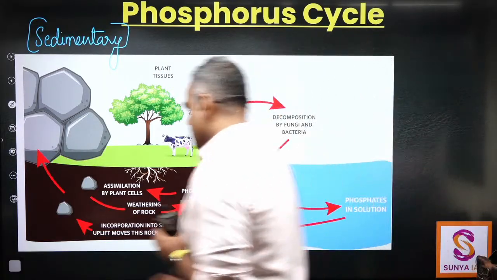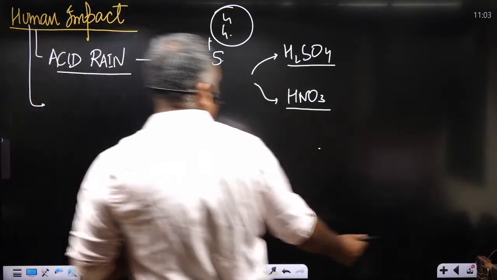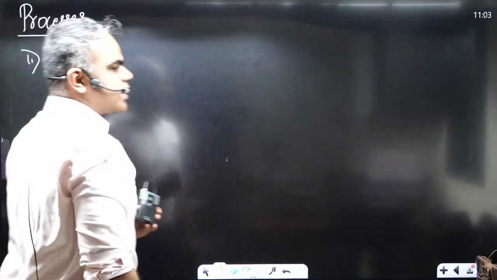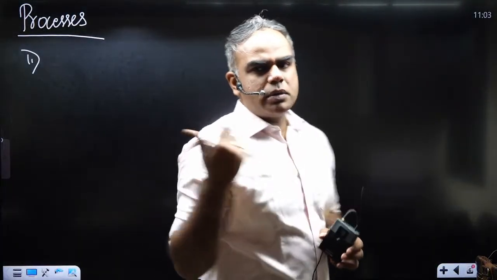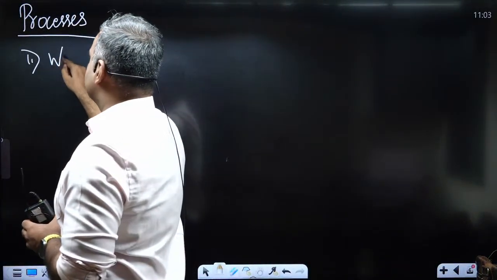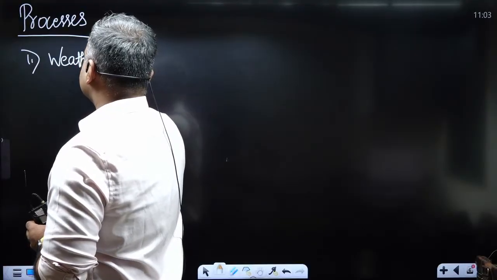Okay. Now we move to processes. Because this is a sedimentary cycle, the most important point we have to talk about is weathering.